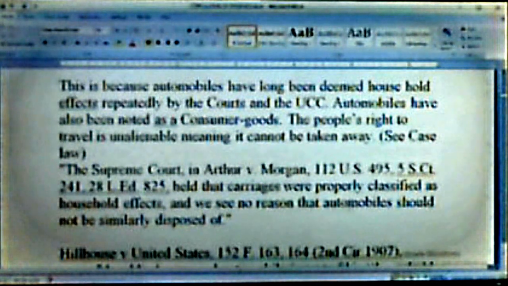Held that carriages were properly classified as household effects, and we see no reason that automobiles should not be similarly disposed of. That means they were classifying an automobile as being the very same as having a horse and carriage.